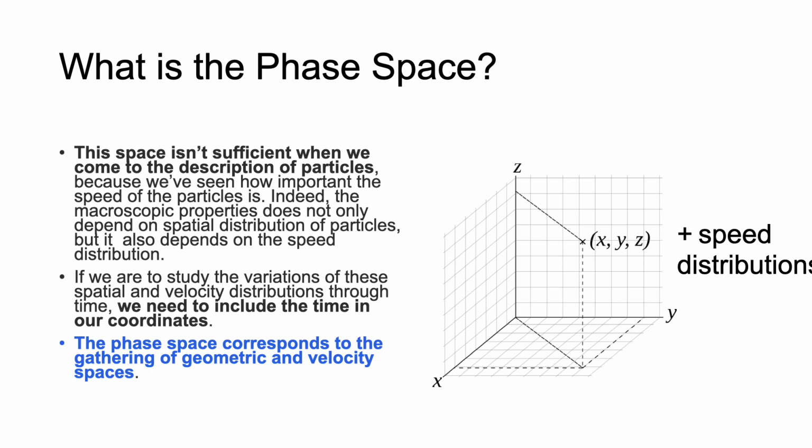That's why in this coordinate system we also have to integrate the speed distributions and the time in some way. So the phase space corresponds to the gathering of geometric and velocity spaces. I'll show you in a few slides what it looks like when you discretize it.